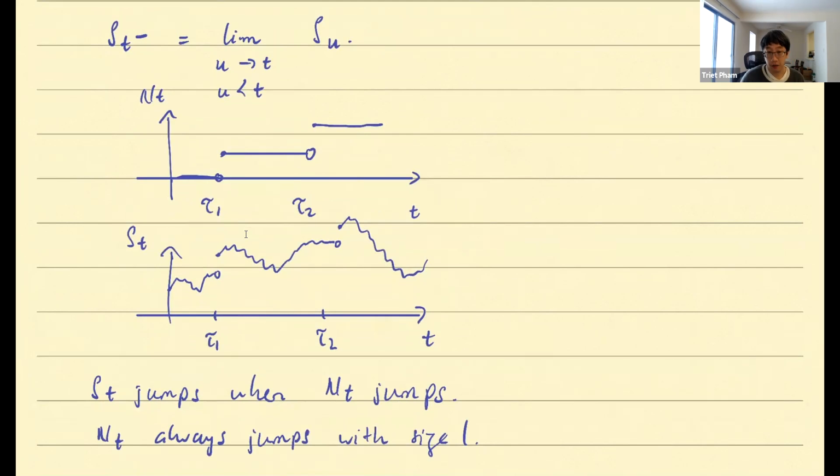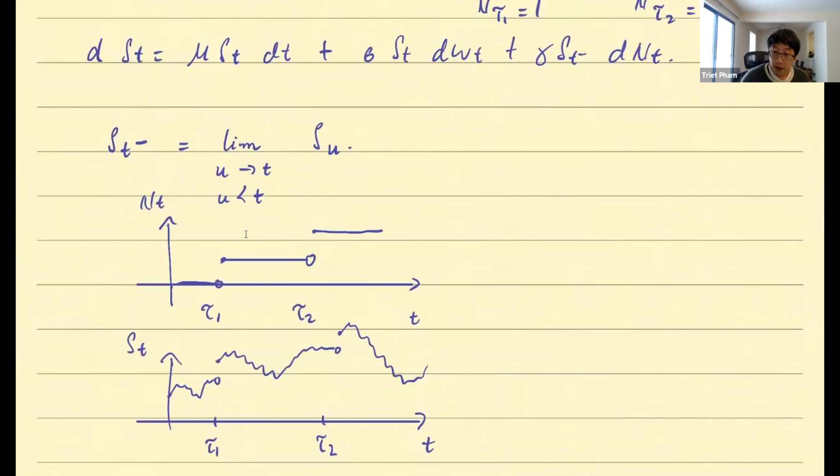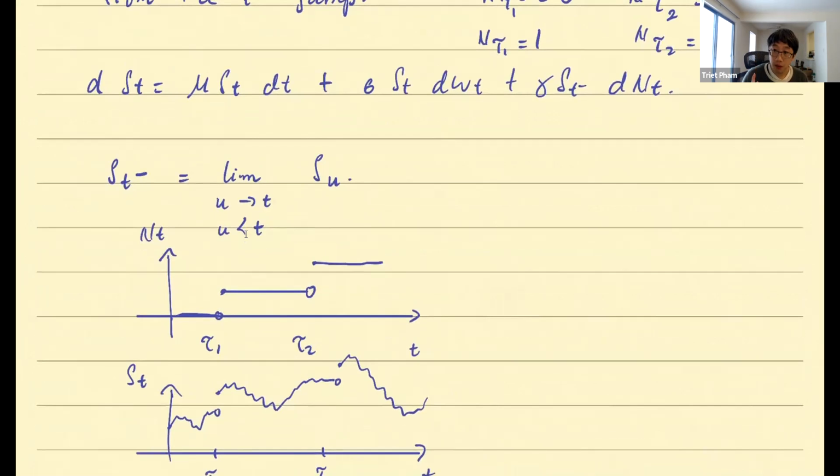Good question, Sherry. Very good question. And that's actually what we're going to address next. By definition, the Poisson process is always upward jumping, always jumps by size 1, right? And because the stock inherits that, and because the stock price is always positive by definition, right now our model only allows for upward jumping.